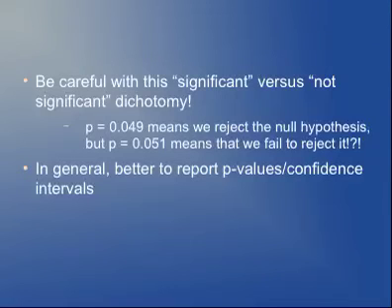Since those are very close together, it's important to report p-values and confidence intervals so that the readers of your study know how close it was to being significant or not significant. So it's very, very important to report p-values, especially when they're that close to your cutoff point of alpha equals 0.05.